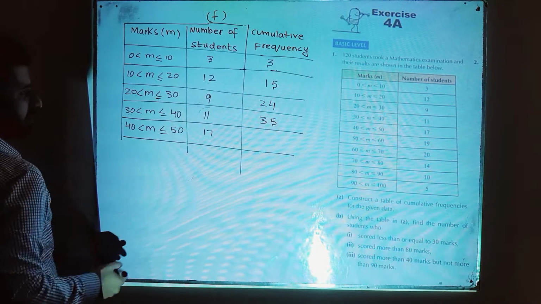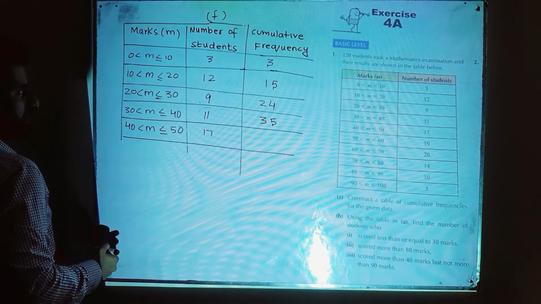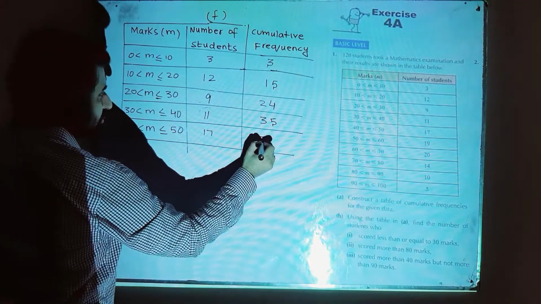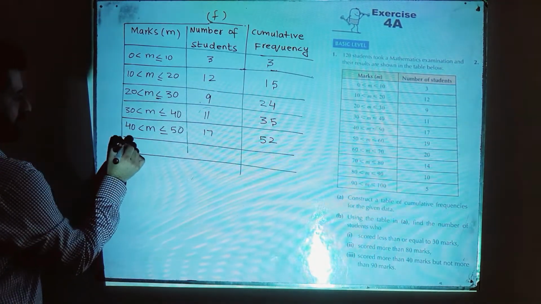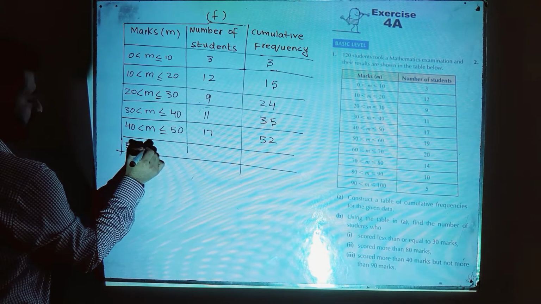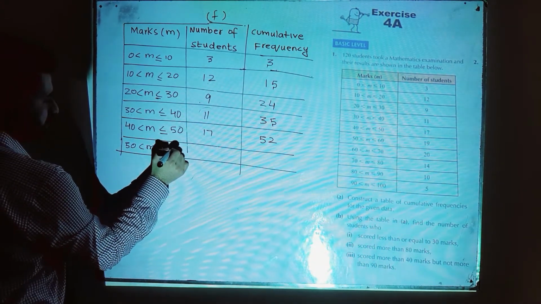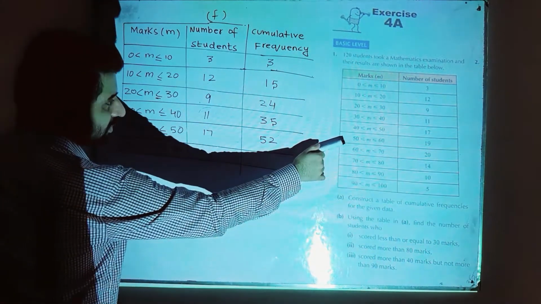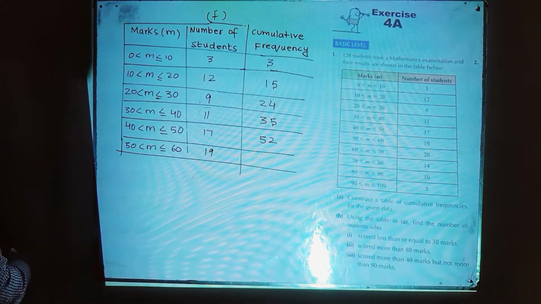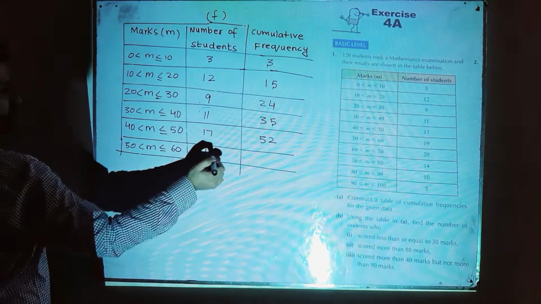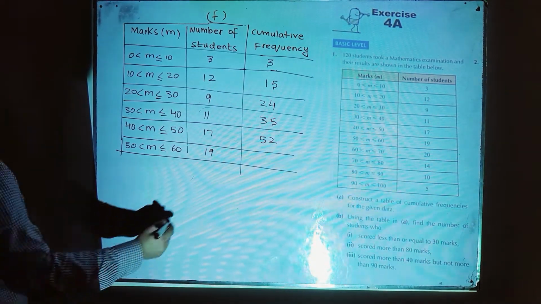So 35 plus 17 is 52 up till this point. And the next one is marks more than 50, less than or equal to 60, and in this class we have how many students? 19 students fall in this range of marks, and cumulative frequency will be 52 plus 19, that is 71.